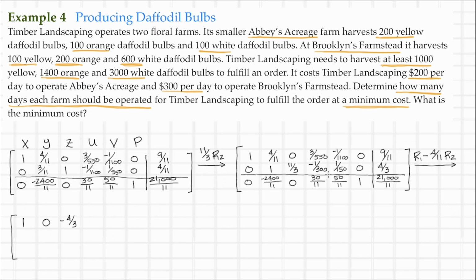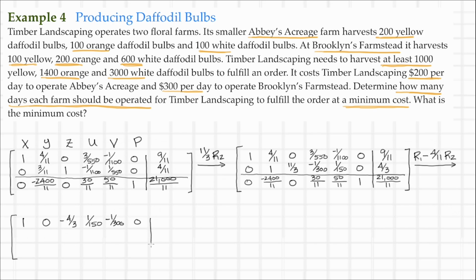Negative 1 over 300 times 4 elevenths, that's negative 1 over 825. 3 over 550 minus negative 1 over 825 is the same as 3 over 550 plus 1 over 825, and that's 1 over 150. 1 over 150 times 4 elevenths, that's 2 over 825, and negative 1 over 1100 minus 2 over 825, that's negative 1 over 300. 0, 0, and 0.